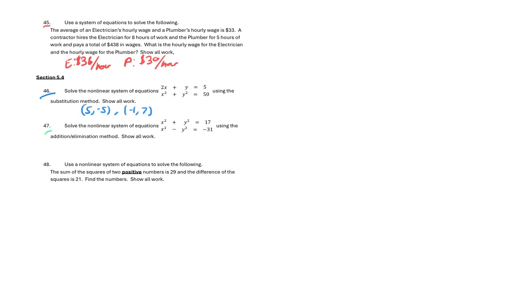Solve the nonlinear system of equations using the addition/elimination method, show all work. And then we have an instructor note here that should be a negative 15. So x squared plus y squared is equal to 17, and it is set up nicely for elimination. So if we add these two together, we get 2x squared is equal to 2.